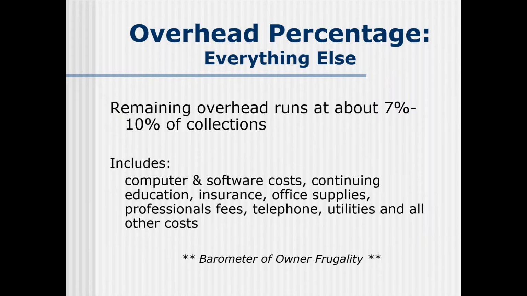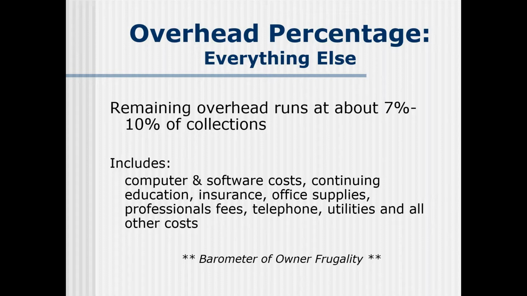Okay, lastly, you have everything else. And this everything else category is what we call the barometer of owner frugality. Some of our clients are really frugal and they don't spend a lot of money on anything. They spend as little as possible and they're happy doing it that way. And other clients can't control themselves and they just spend, and this number ends up being high.